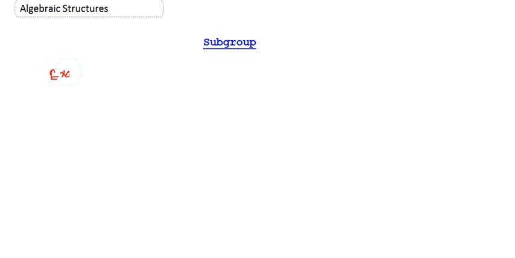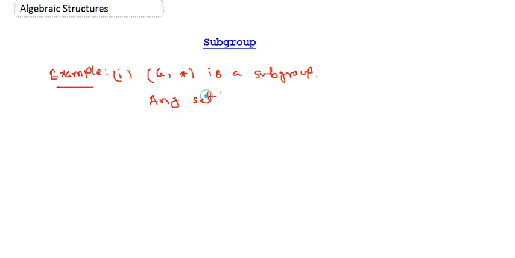Example 1: if G with star is a group, we know already that any set is a subset of itself.